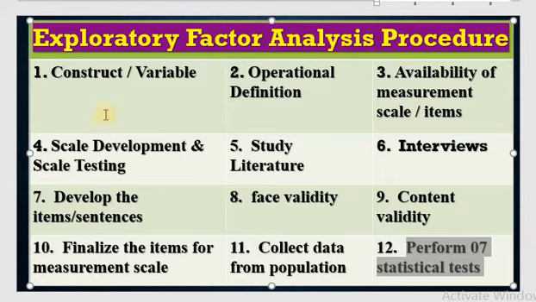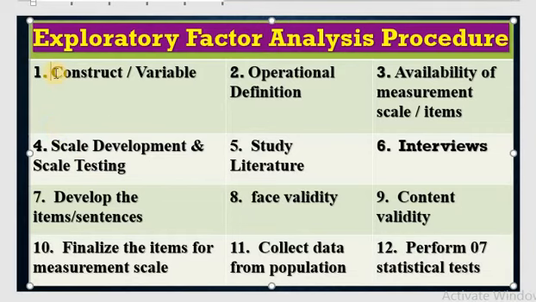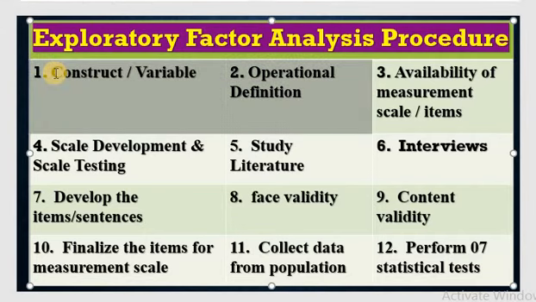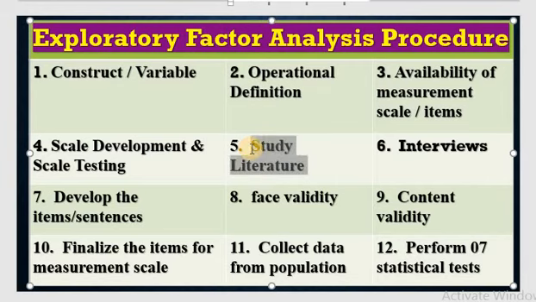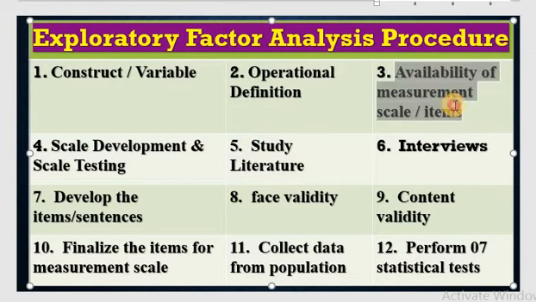But when you are developing a new scale which is not available in the literature, the construct or variable and operational definition must be available in the literature. For the availability of measurement scale or items, you need to conduct interviews and study the literature to judge the sentences and items for the measurement scale.